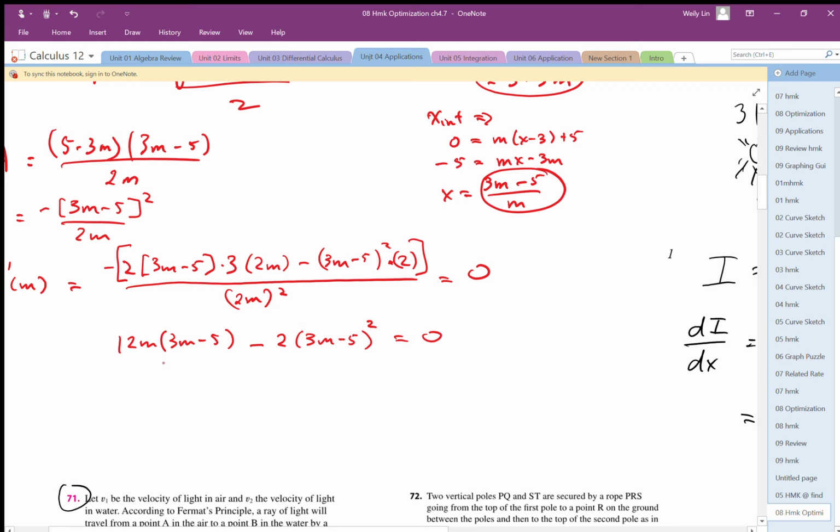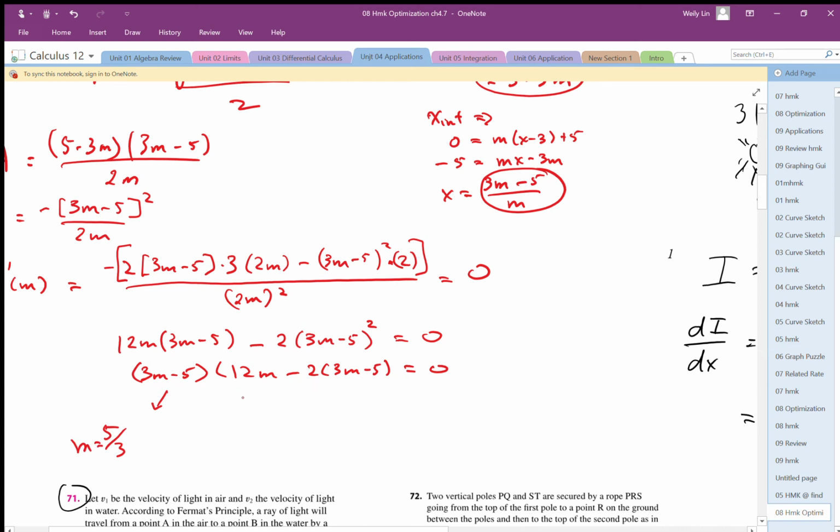We can just factor that. I'm just going to factor out the (3m minus 5) because that looks like what's relevant. So (12m minus 2 times (3m minus 5)) times (3m minus 5) equal to 0. So this has a solution of 5 over 3. So there's my slope, positive 5 over 3.